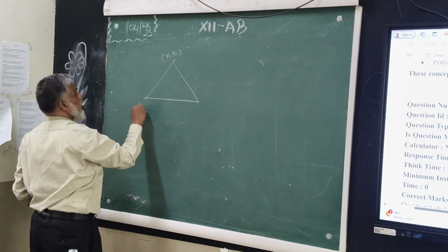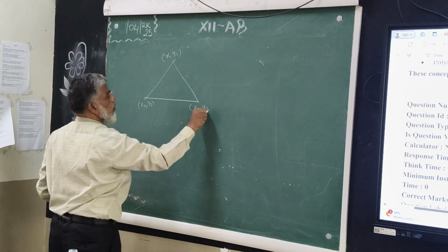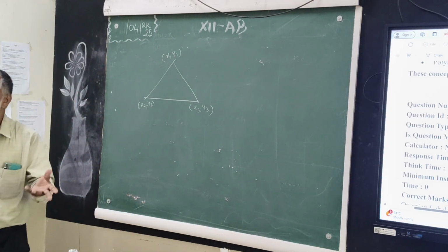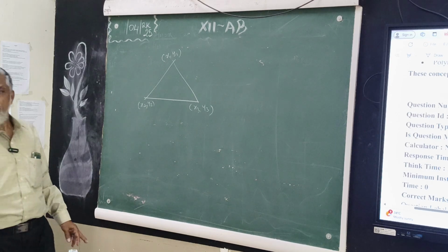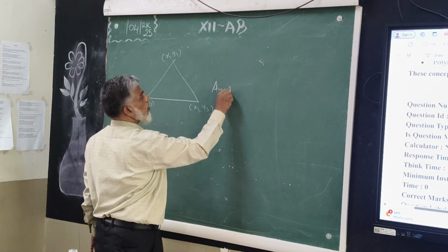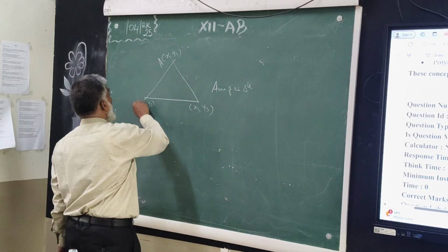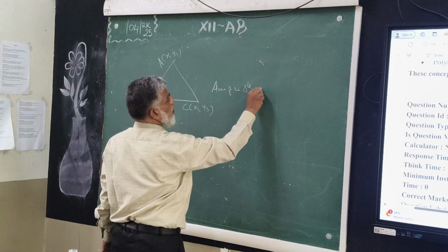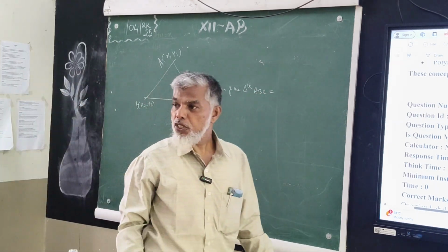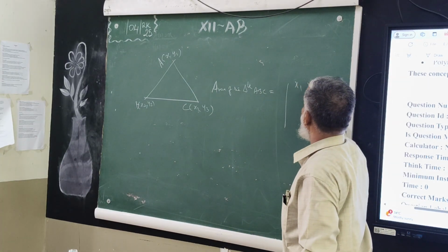x1, y1, x2, y2. What is the formula? Tell me the formula when 3 points are given. Area of the triangle ABC equals half of the determinant with rows x1, y1, 1.